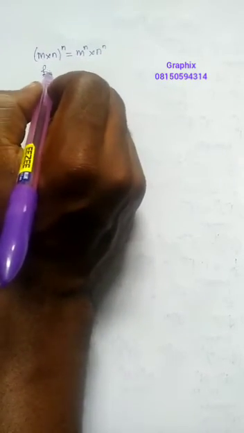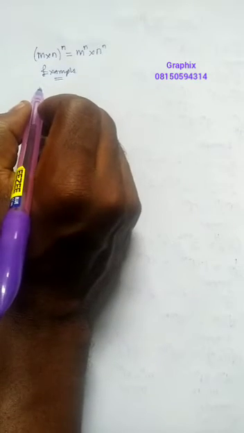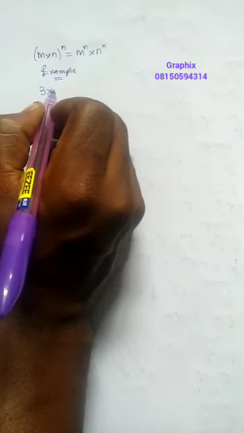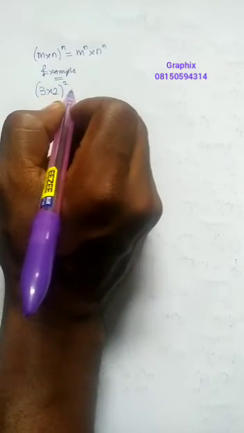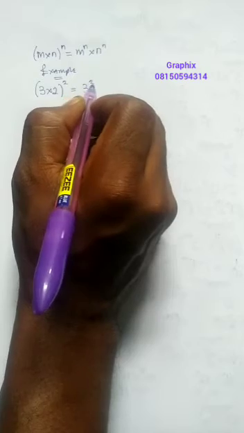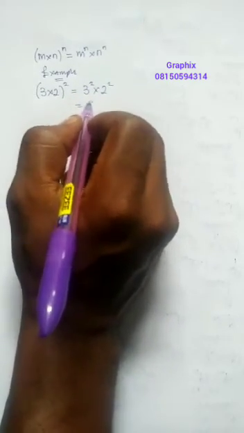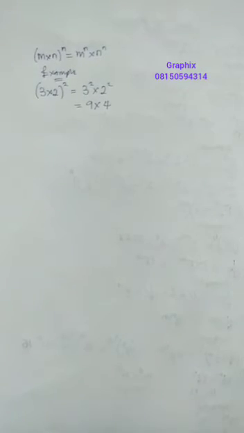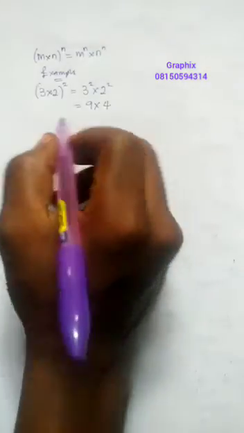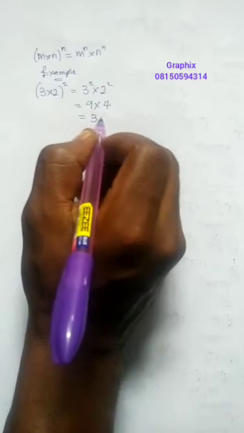So an example of this illustration is that if I have 3 times 2 raised to the power of 2, it simply means 3 raised to the power 2 times 2 raised to the power 2, and that will give us 9 times 4, which will be 36.